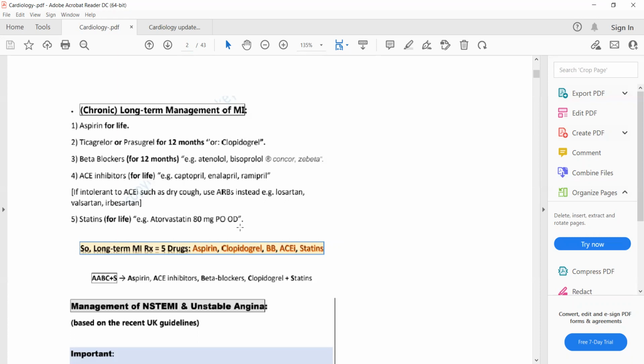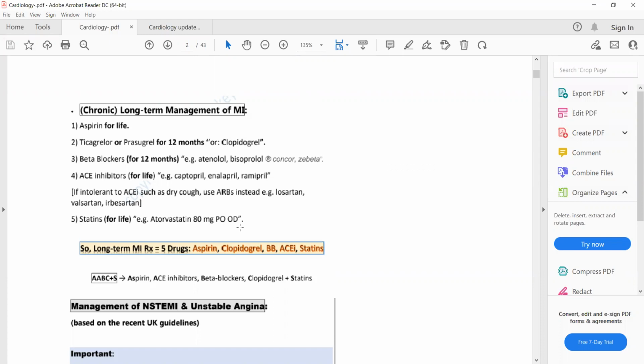Sorry, could you repeat that again? Our first choice for the long-term management, for the second antiplatelet drug in the management of MI, is ticagrelor or prasugrel because they are more effective than clopidogrel, but they have an increased risk of bleeding.